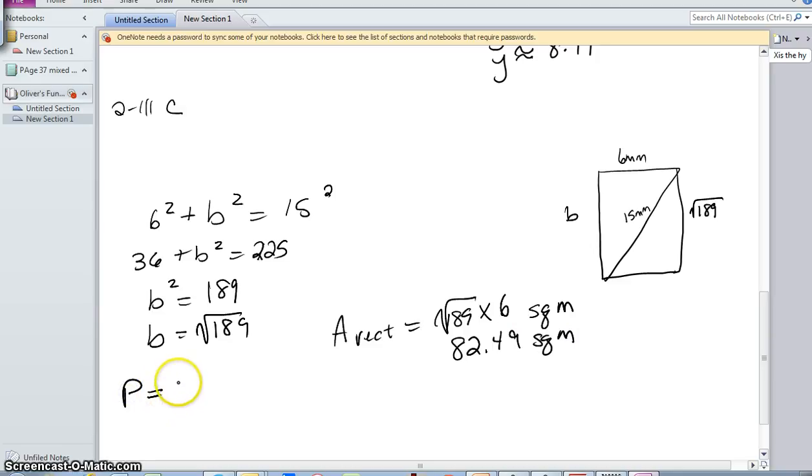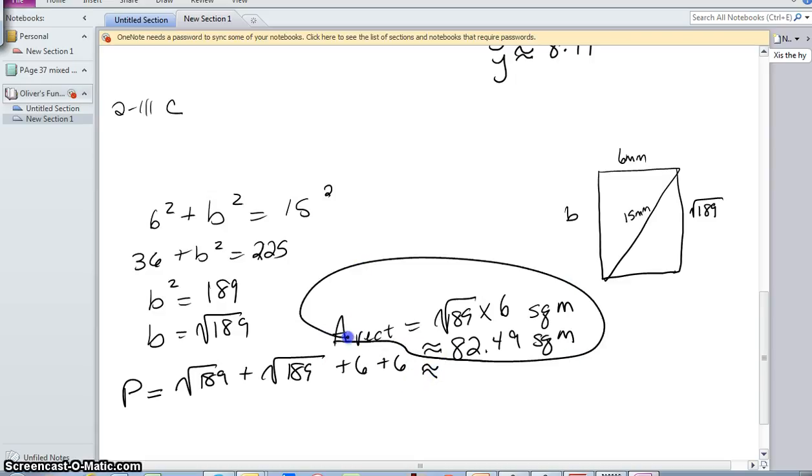Perimeter then is square root 189 plus square root 189 plus 6 plus 6. Perimeter then, and I should have put the approximation in area, perimeter then is approximately 39.5 millimeters.